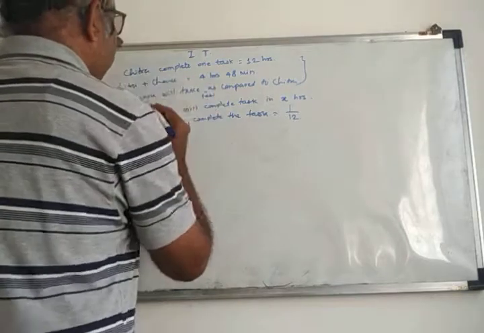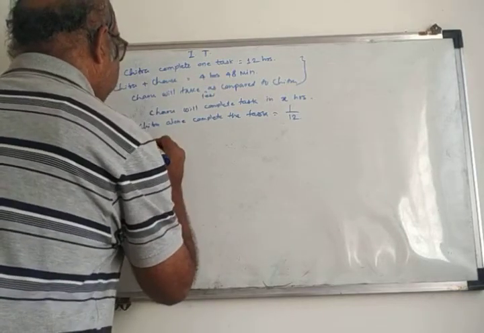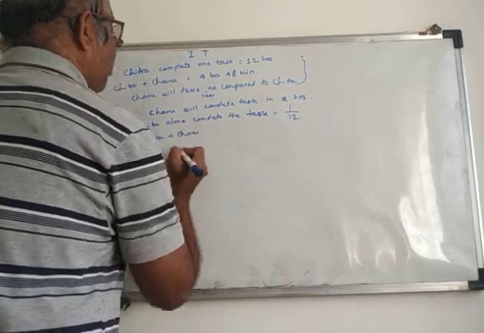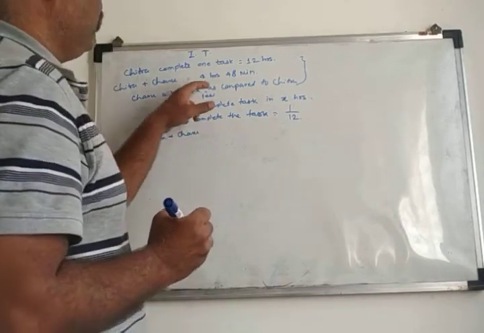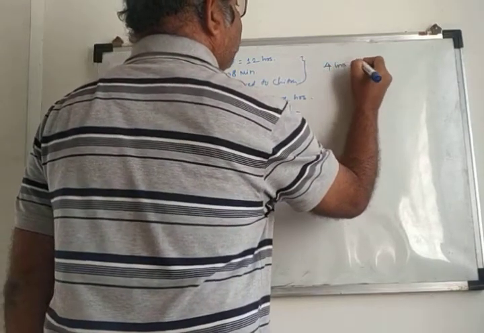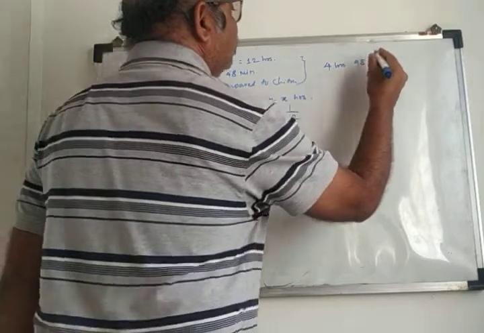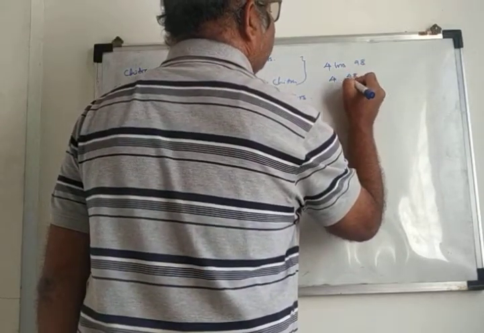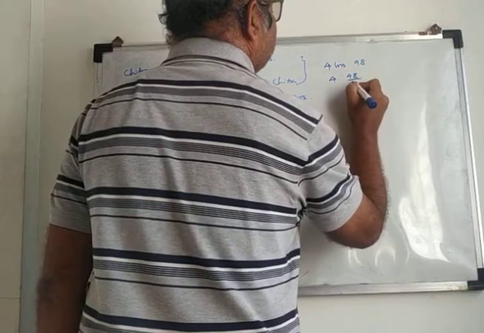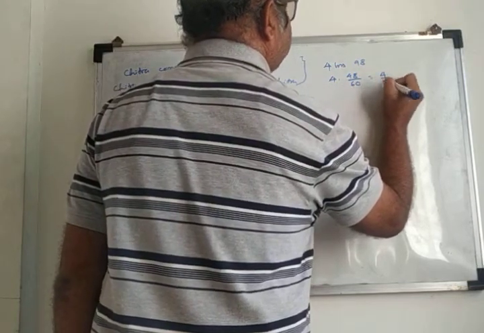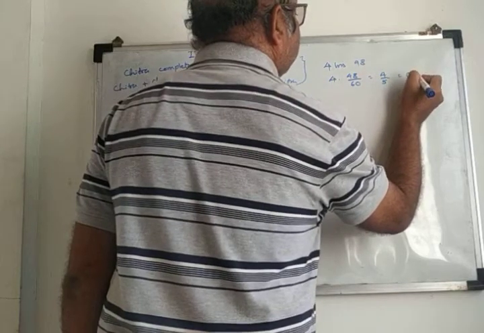Now in the same way, Chitra plus Charu will complete that task in 4 hours and 48 minutes. Here, boys, you need to convert 4 hours and 48 minutes into decimal. 48 upon 60 is 4 upon 5, which is 0.8.